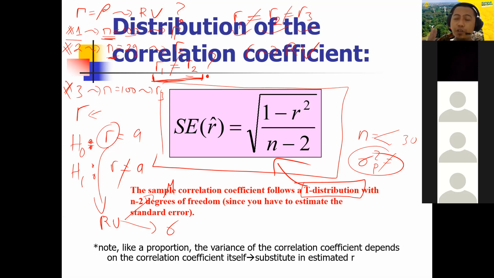Because we don't know the standard deviation, the variance, of R, so we consider using the T distribution for hypothesis testing. Is that clear? Clear, sir. Okay, good.